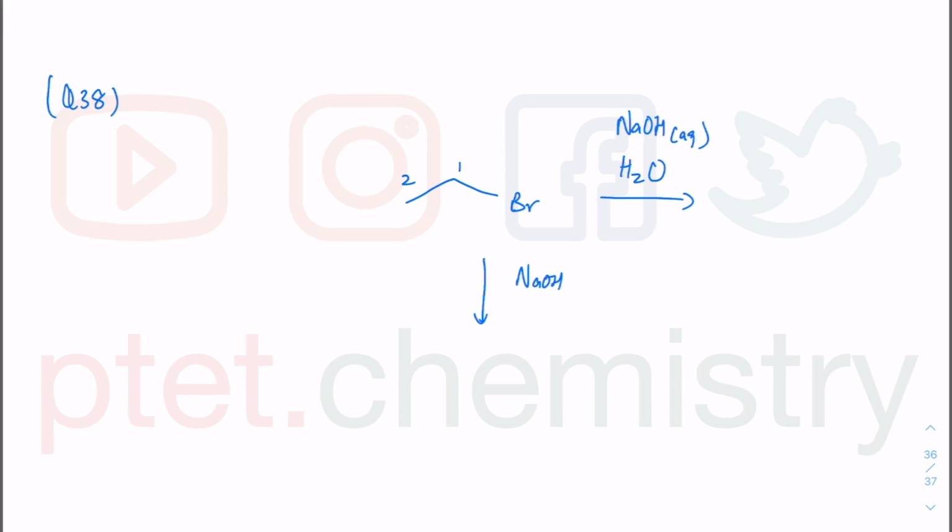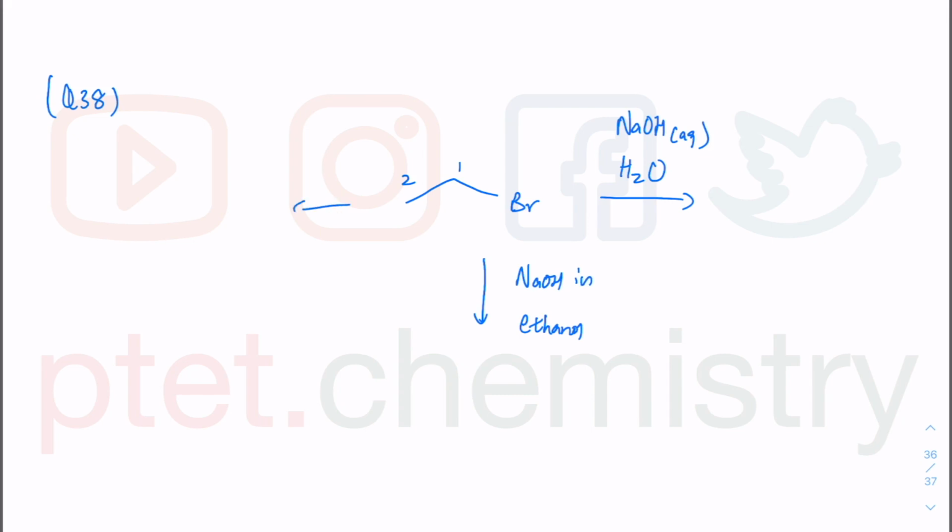Question 38. So this is different types of reactions of bromoethane. So this is bromoethane, and when you react it with NaOH in water, okay, NaOH in water. This is NaOH in ethanol.